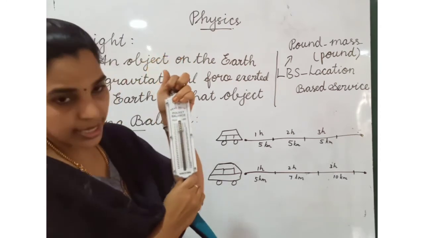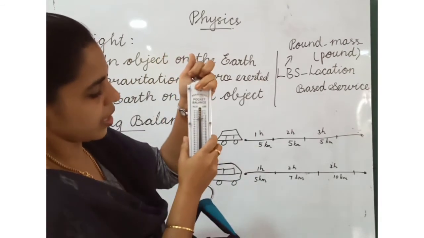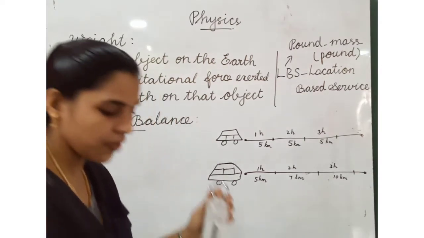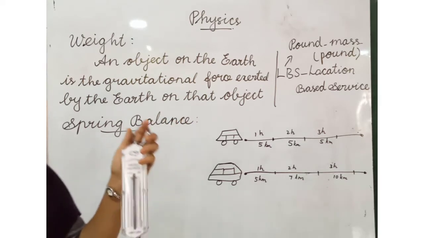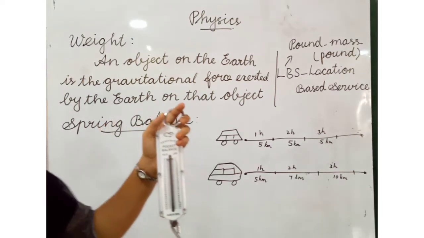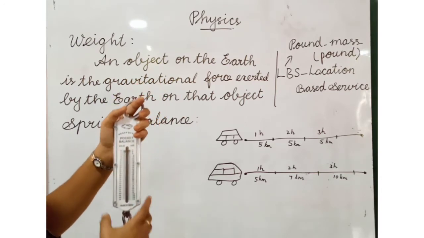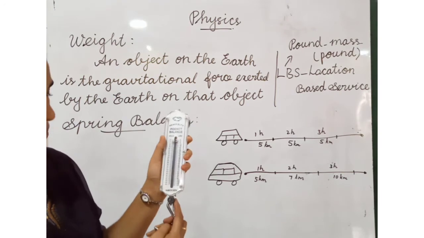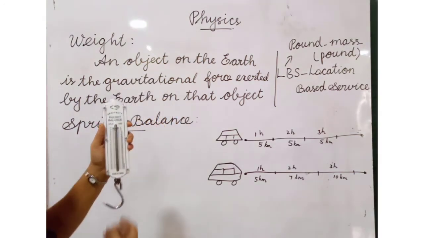Now 8 kg. The weight of this bag is 8 kg. Did you understand? What is the principle of this? The more the force, the more the pull of the spring. When the weight of the object is more, the pull of the spring will be more.